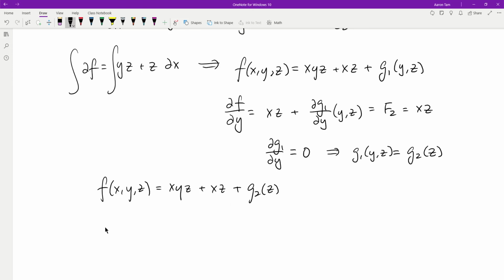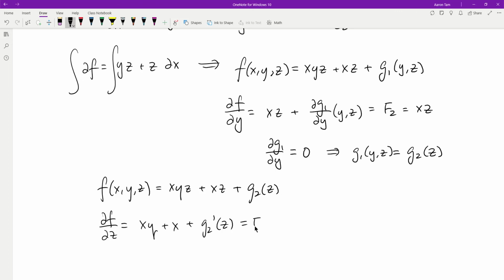So now what I'm going to do is repeat the process. I'm going to take df over dz, which if I do that, I get xy plus x plus g sub 2 prime of z. I'm not going to use d over dz because there's only one variable now, so I can just use prime without worrying about it not being clear which derivative we're talking about.